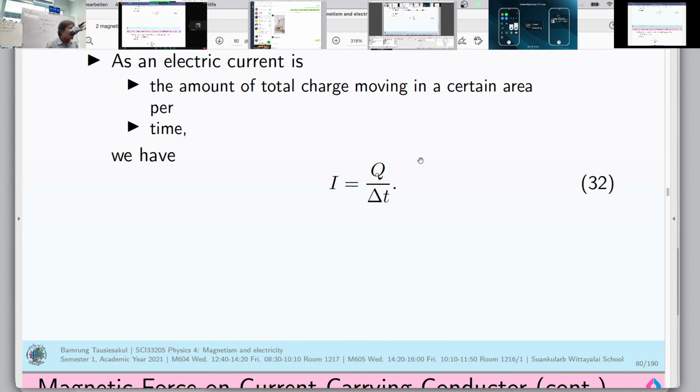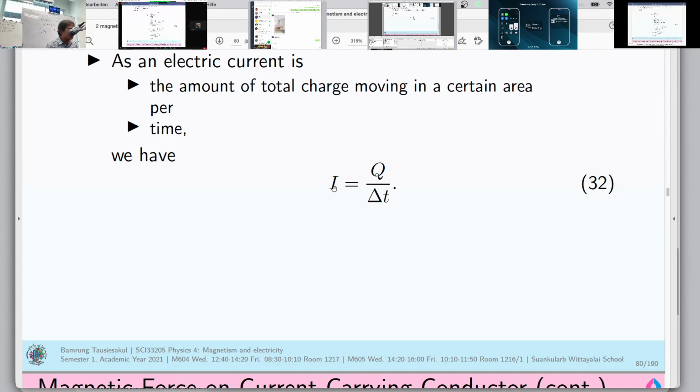But what we would like to know is the variable Q, right? So we move delta T to the left-hand side. We get Q equal I times delta T, right?